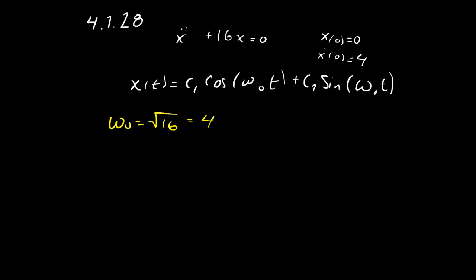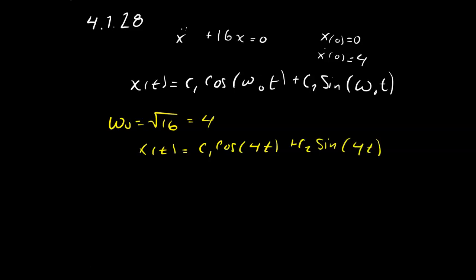So with a 4 there, you notice when I plug in these initial values, I can do it directly right now for x of 0, but in order to plug in this initial value, I will need to take a derivative. So let's maybe just write out what we know. So x of t is equal to some arbitrary constant, cosine of 4t, plus some arbitrary constant, sine of 4t.